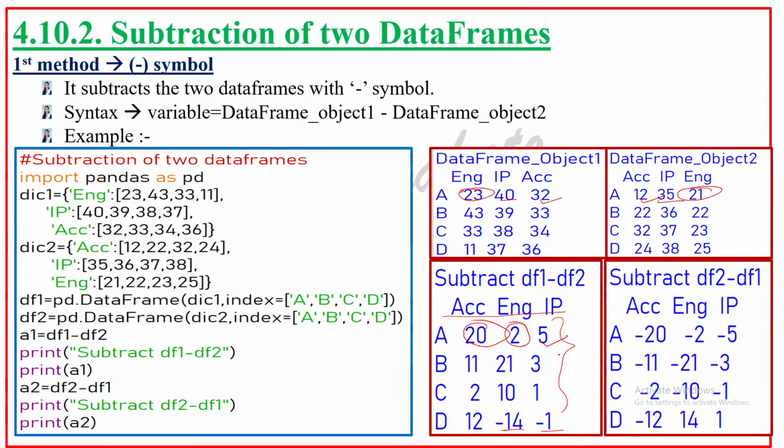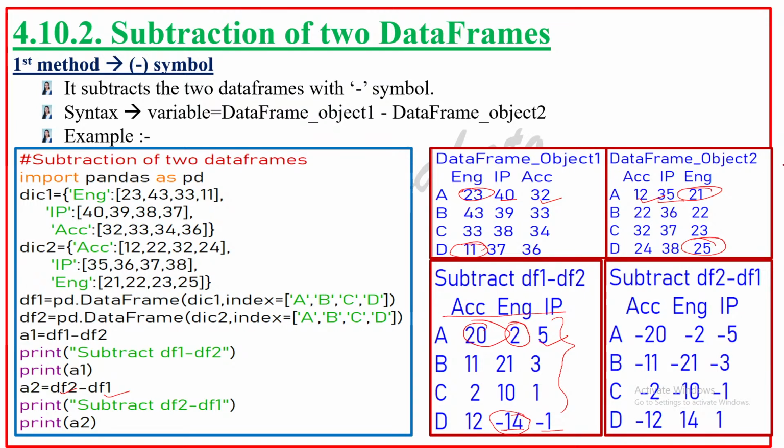Like this it will generate, and a negative value will also come. See English, 4th record, English 4th record, this is 11, and here English 25. So 11 minus 25 will generate minus 14. Now come DF2 minus DF1, meaning second data frame minus first data frame. Then what happened? It will come like this.